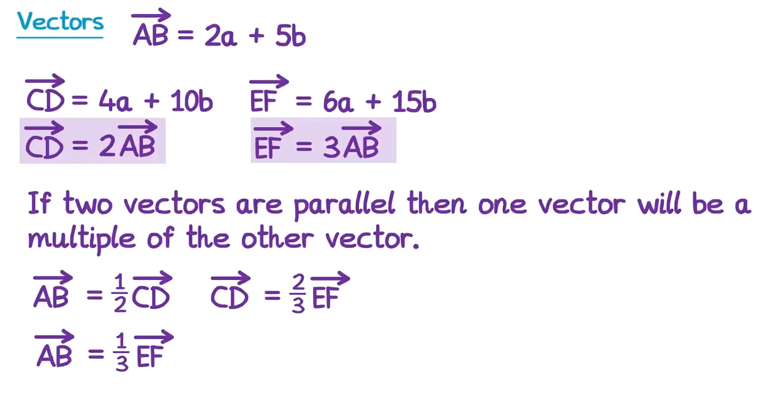CD would have been 2/3 of EF, and EF will be 3/2 lots of CD. So the really important thing to understand here is that if one vector can be expressed as a constant multiple of another one, then they must be parallel. Let's use this in some questions.